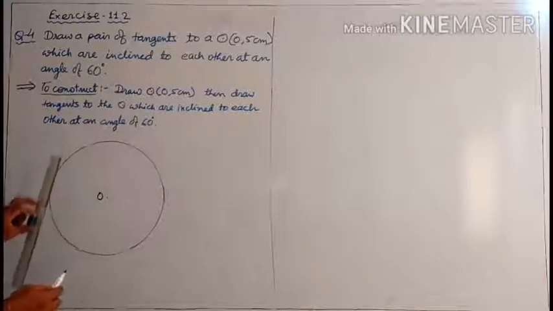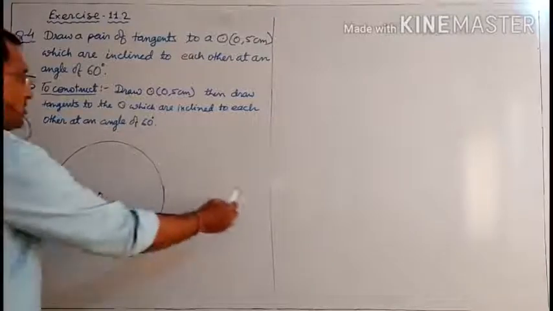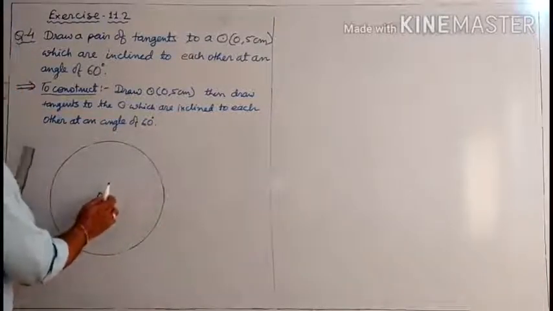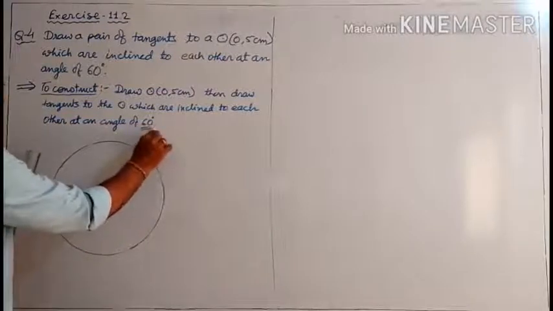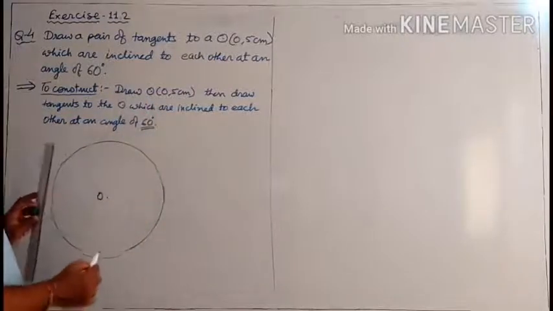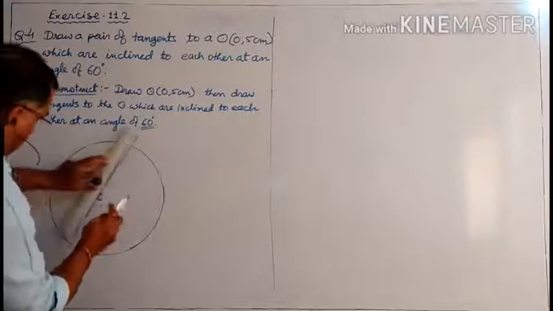Now we have to draw tangents which form 60 degrees. Therefore, we have to form 120 degrees, that is, the supplementary of 60. That is 120.